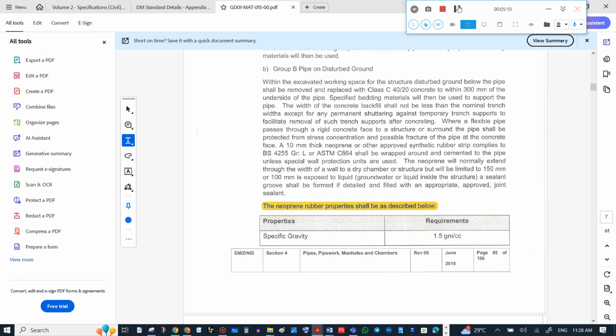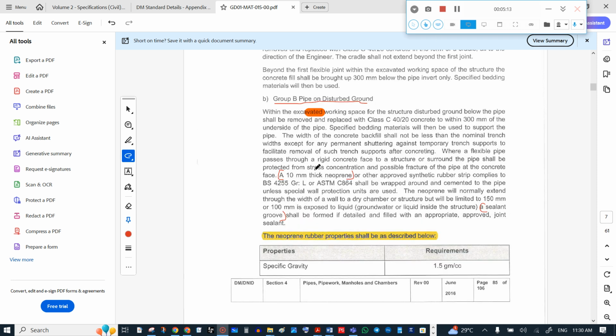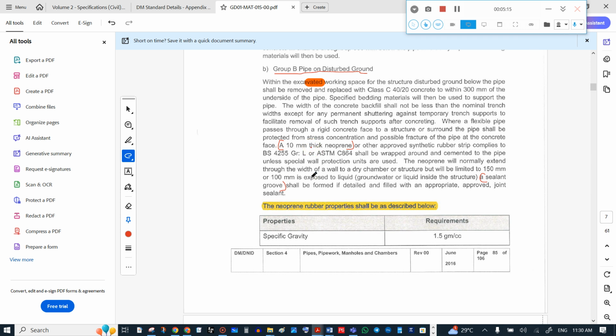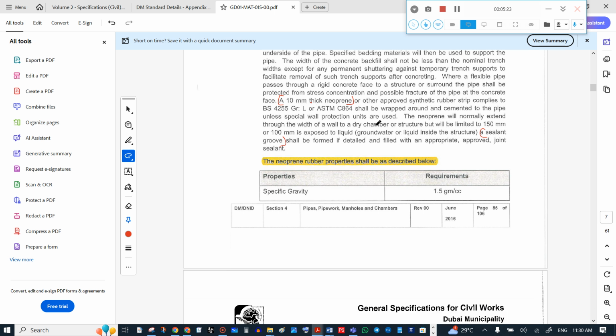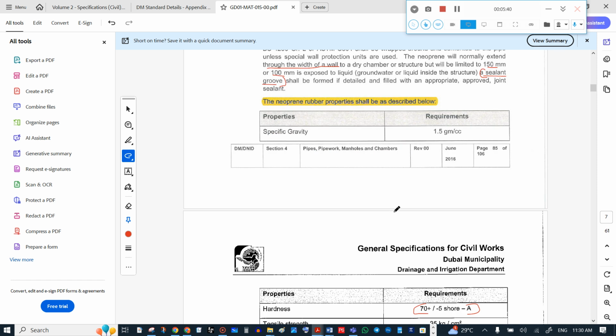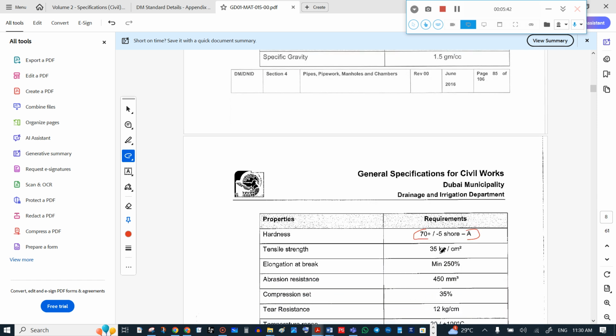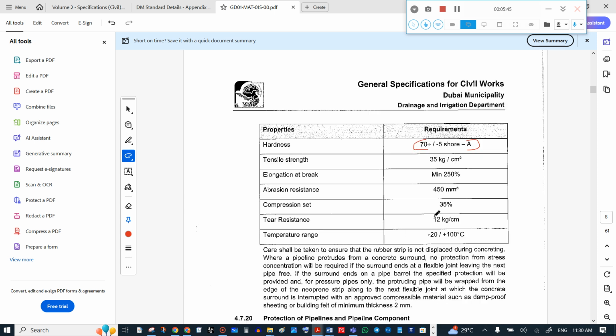So this neoprene rubber, as per our specification, is 10 thick. This is 1 centimeter thick, and when it is provided, it should be provided throughout the width of a wall, but is limited to 50 or 100, and when it is touching a liquid, a sealant groove should be provided with a sealant, and hardness is 70 plus or minus 5 is mentioned. So that is the details.